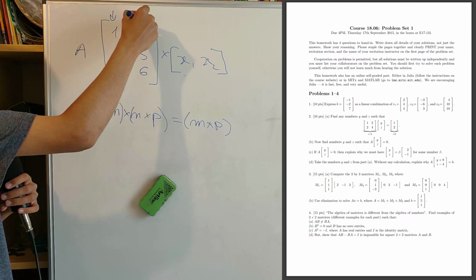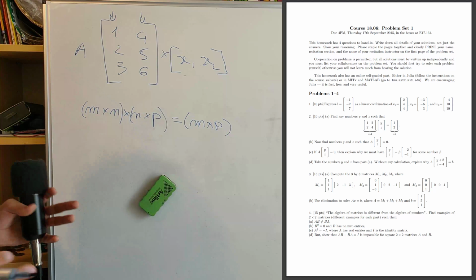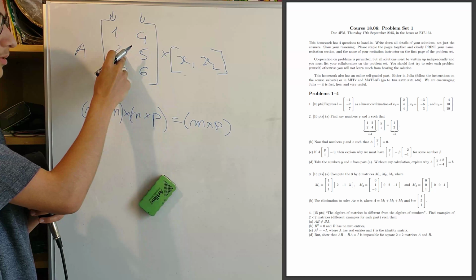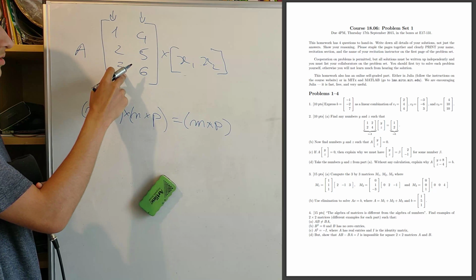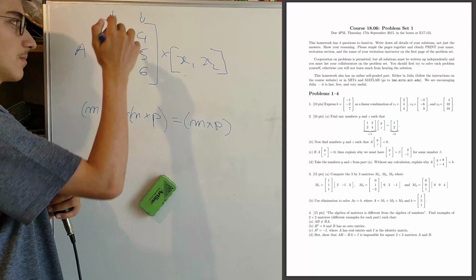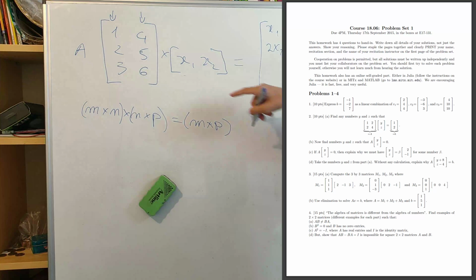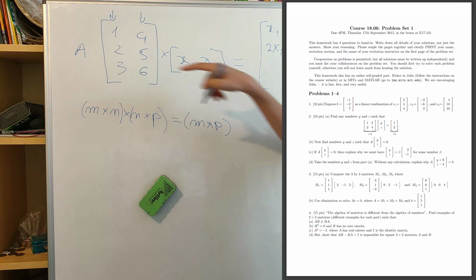It will be x1 times (1, 2, 3) plus x2 times (4, 5, 6), which is (x1 + 4x2, 2x1 + 5x2, 3x1 + 6x2).